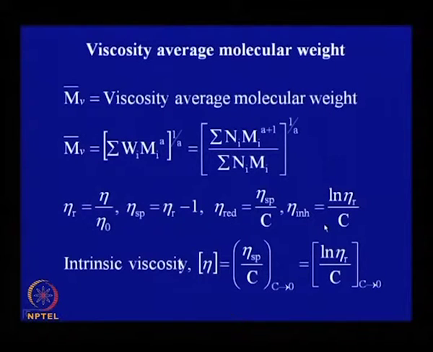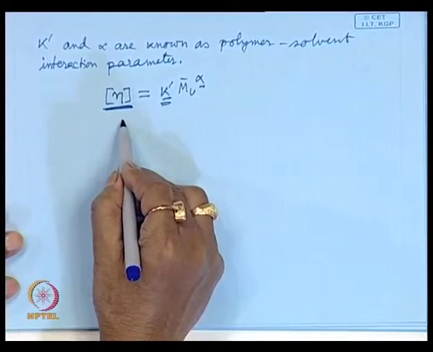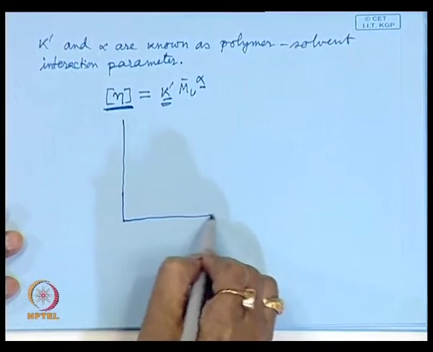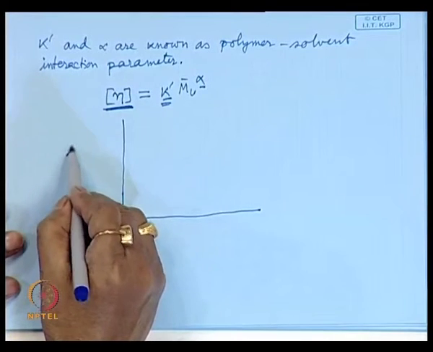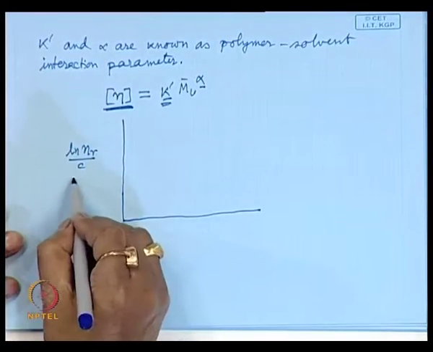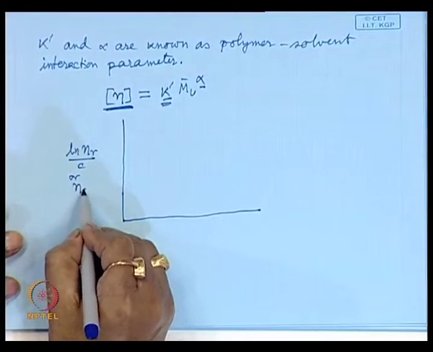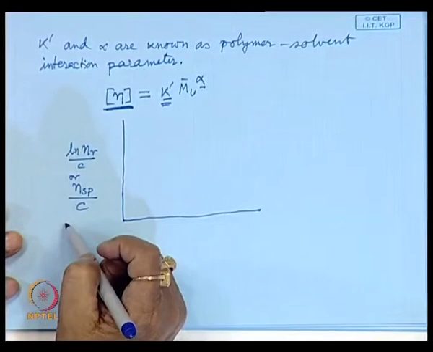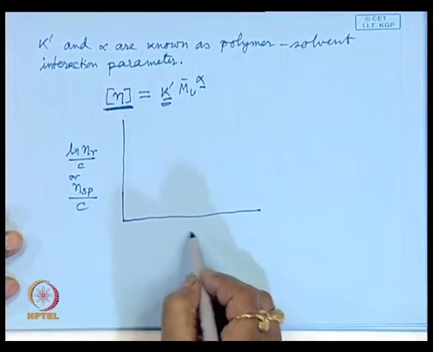Now, what is intrinsic viscosity? These are not intrinsic viscosities. How to obtain intrinsic viscosity? You have to make a plot of either ln eta relative by C or eta specific by C, which you can calculate from the flow times, against concentration.